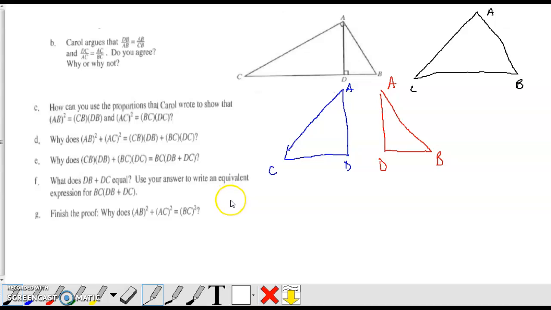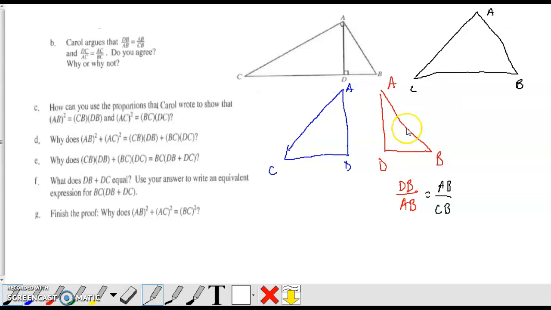So when we look at our DB over AB, we're looking at our first triangle, our red triangle. This is your DB over your AB. And the AB over CB, this is our larger triangle, AB over CB.